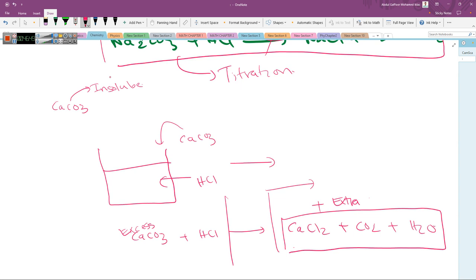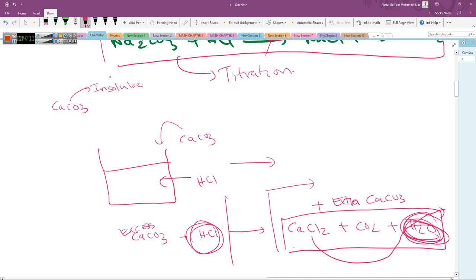Now this extra calcium carbonate, you see here we have no more HCl. Calcium carbonate can dissolve in HCl, but it cannot dissolve in water. We have already studied them, right? Calcium chloride will dissolve in water, because all chlorides are soluble except PbCl2 and AgCl. So calcium chloride will be in solution, but calcium carbonate will not dissolve in water.